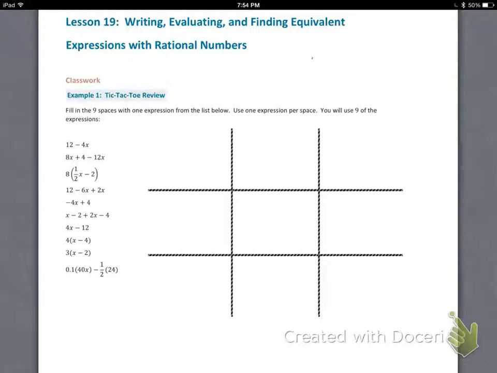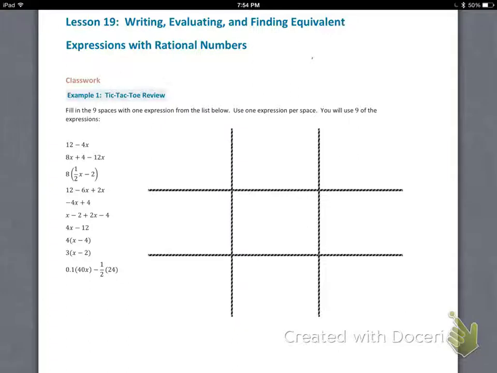So in class, of course, you would be able to choose any of these expressions on the left and place them in any of the 9 tic-tac-toe boxes. Okay, but for our purposes here, to make this a little bit easier, a little bit more manageable, I'm going to go ahead and show you where to put each of these expressions on the left into which box, and we'll all do it the same.